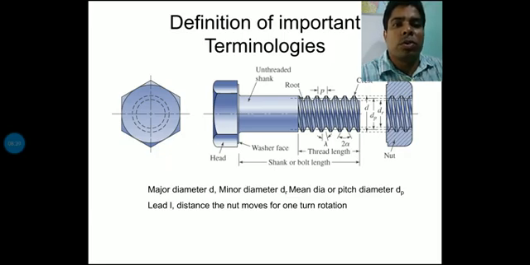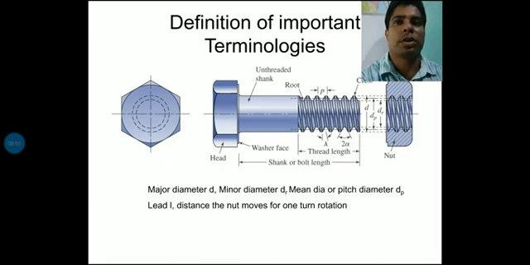So first of all, what is the measured dia? It is measured in this figure from crest to crest of the thread. Crest to crest means the uppermost portion of one crest to the next crest, and that distance is called the major dia.